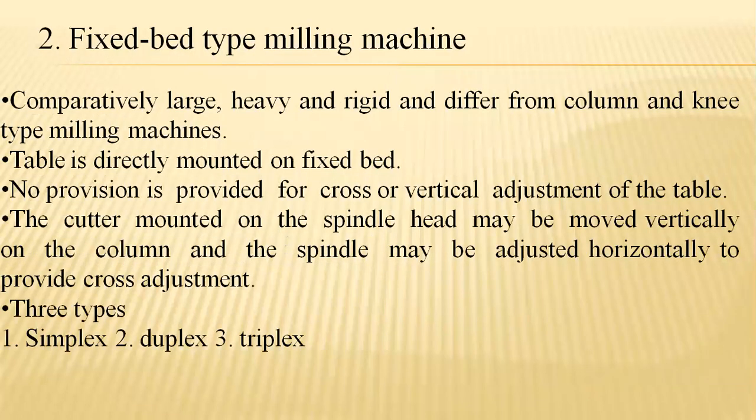The second type here is the fixed bed type of milling machine. Comparatively to the vertical or horizontal kind of milling machine, it is very large and heavy, which occupies a large floor space.